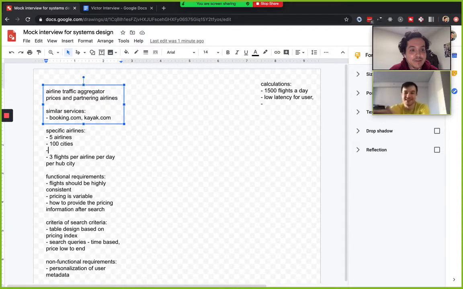I mean, unless they buy, yeah, I see what you mean. So if it is 1,500 flights a day, then that's negligible for the amount of seconds per day, like you're saying. So the throughput isn't that much of an issue. It's probably the query, collecting all this data, correct?